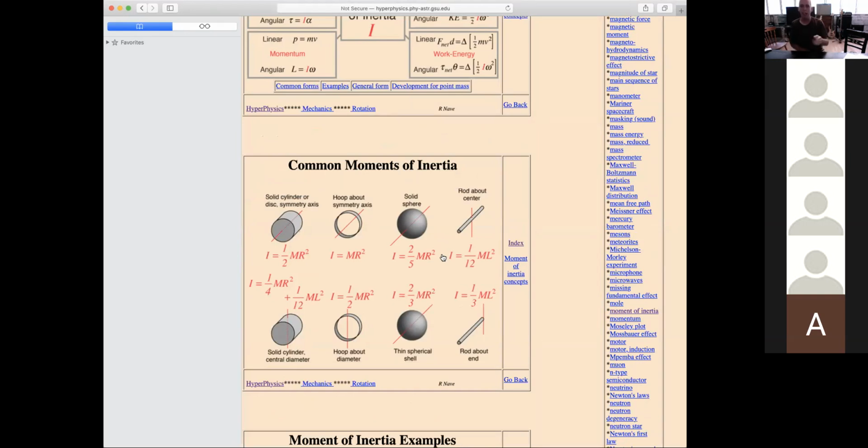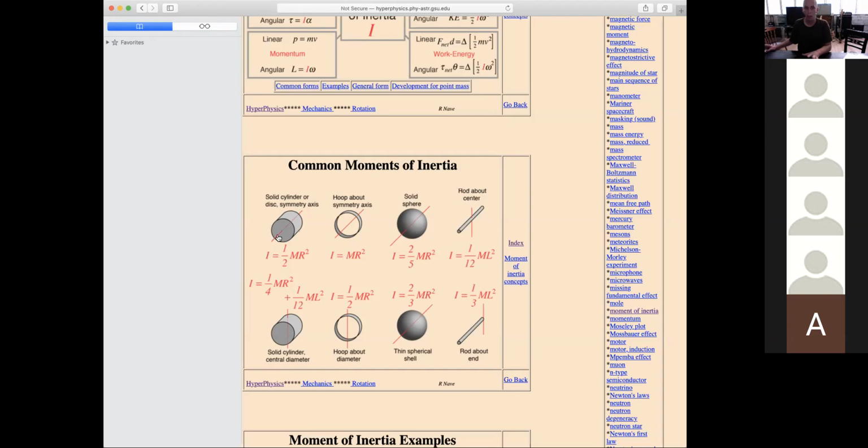The red is the axis that it's rotating around, and this tells you for these shapes what they are. So for a hoop, if it's just rolling down the road, if it were to spin about some body axis here, it would be 1/2. If it was rolling, it's just mr squared, just like a point mass actually.